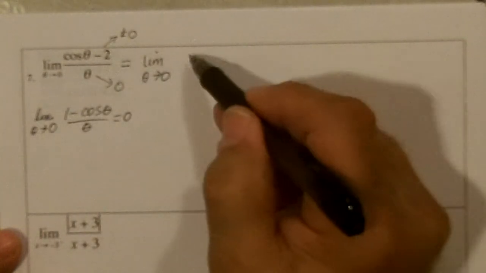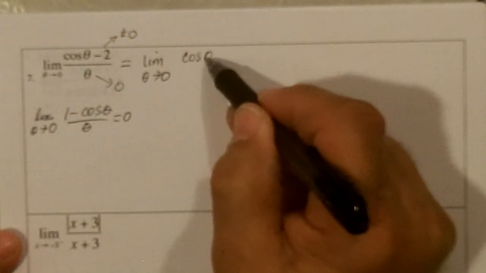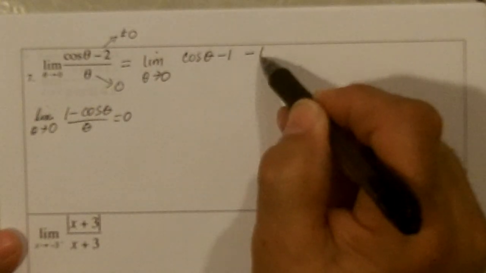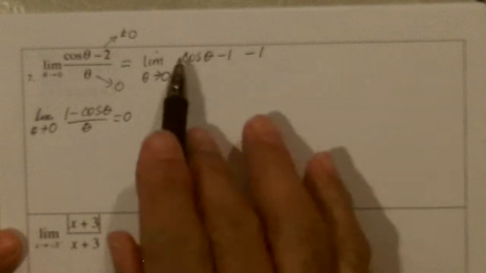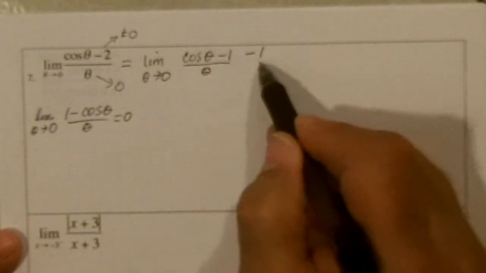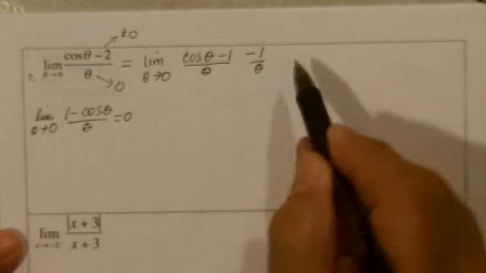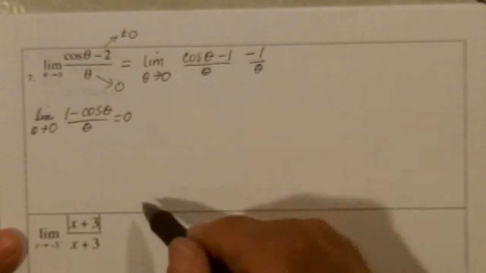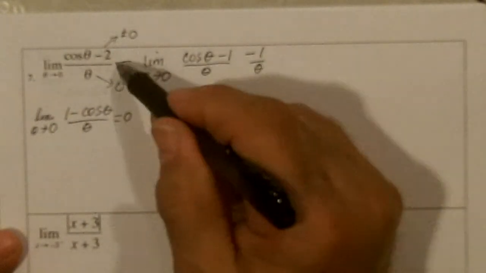So I could write this as cosine theta minus 1 minus another 1. And all that's over theta, so I could write this part over theta and this part over theta. Common denominator, so I would combine these two and I would get exactly what I had before.